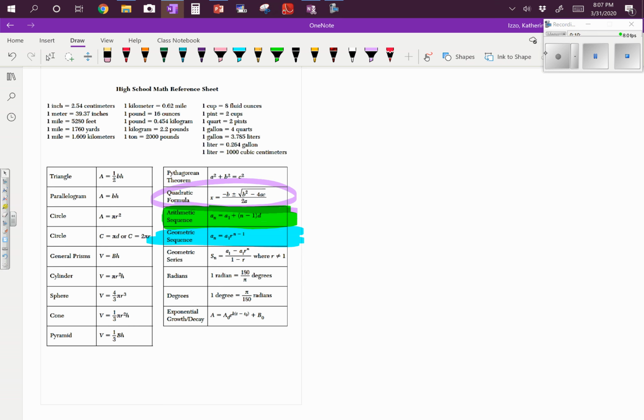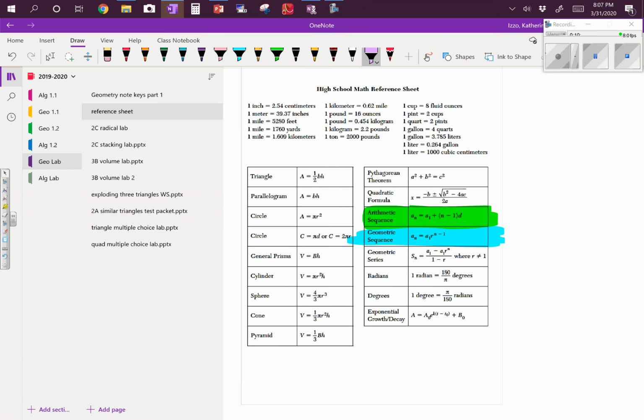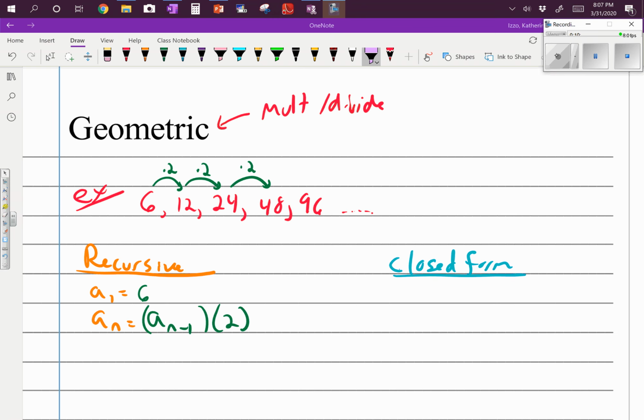That's not useful. All right, so let's take a look at the geometric sequence. It says a_1 r^(n-1). So if we go back to here, we've got closed form is a_n = a_1 r^(n-1).